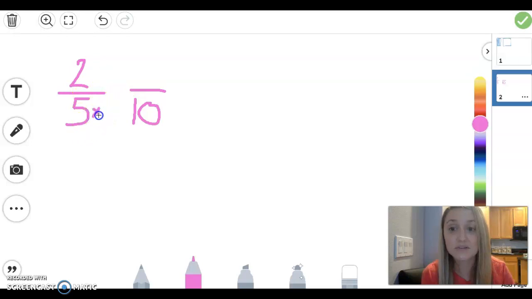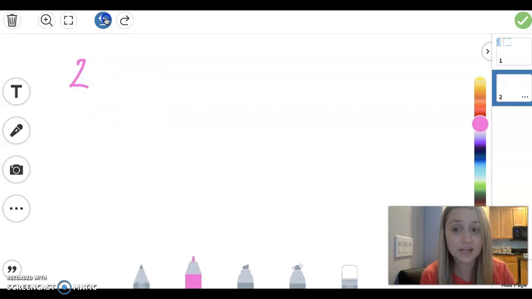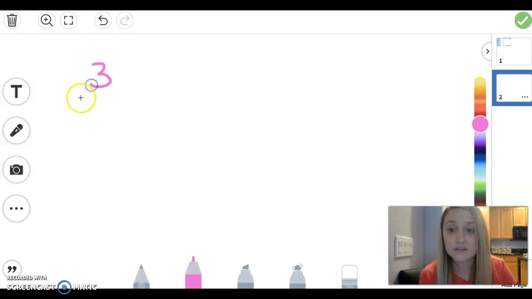So you could do 5 times what equals 10. 5 times 2, whatever you do on the bottom, you must do on the top. So we have 4/10. Now, we're not done yet because they still want us to write it as a decimal. So all we would do is write 4/10. Okay? So that can work too if we have ones like 3 over 25.